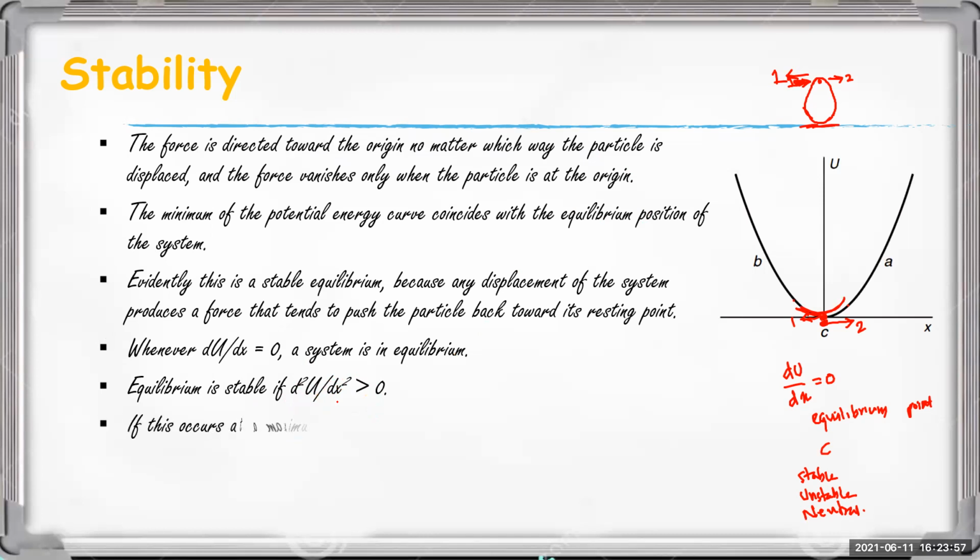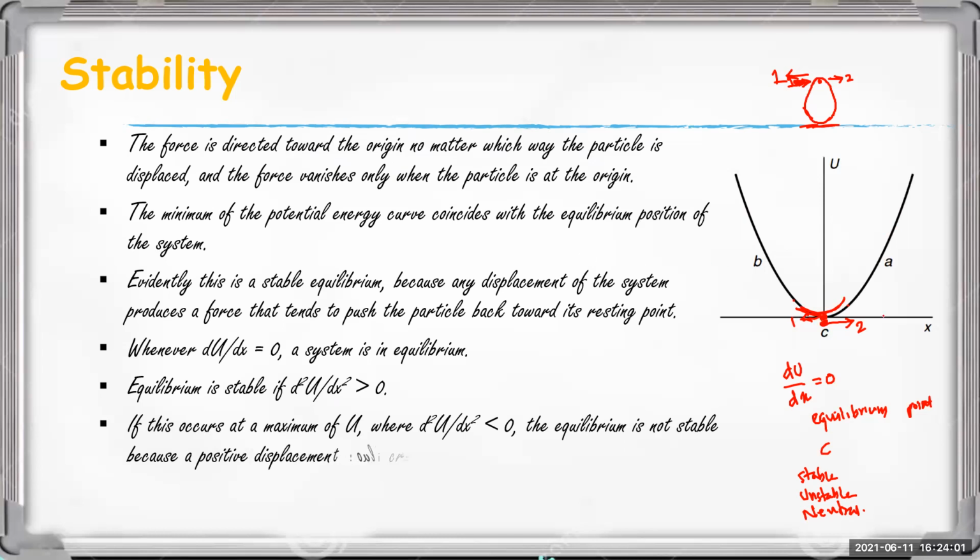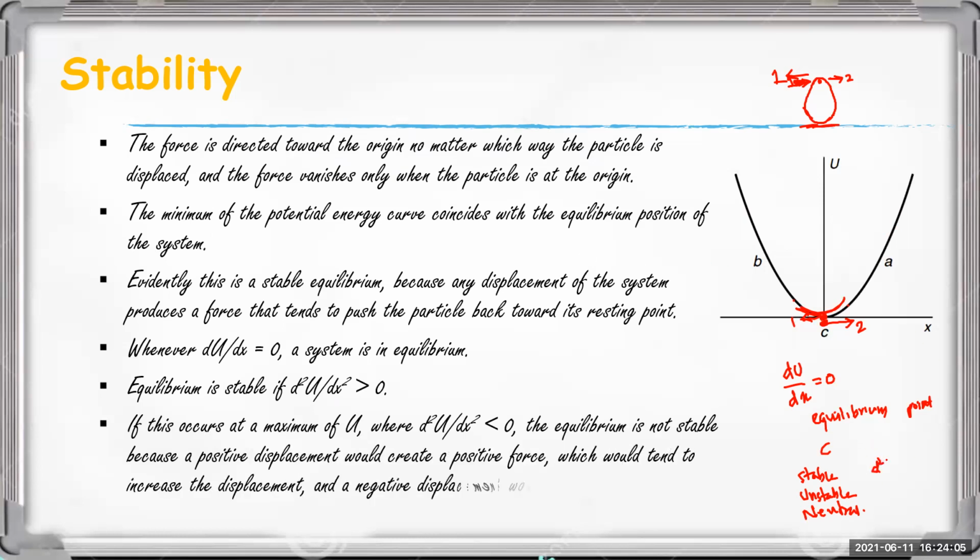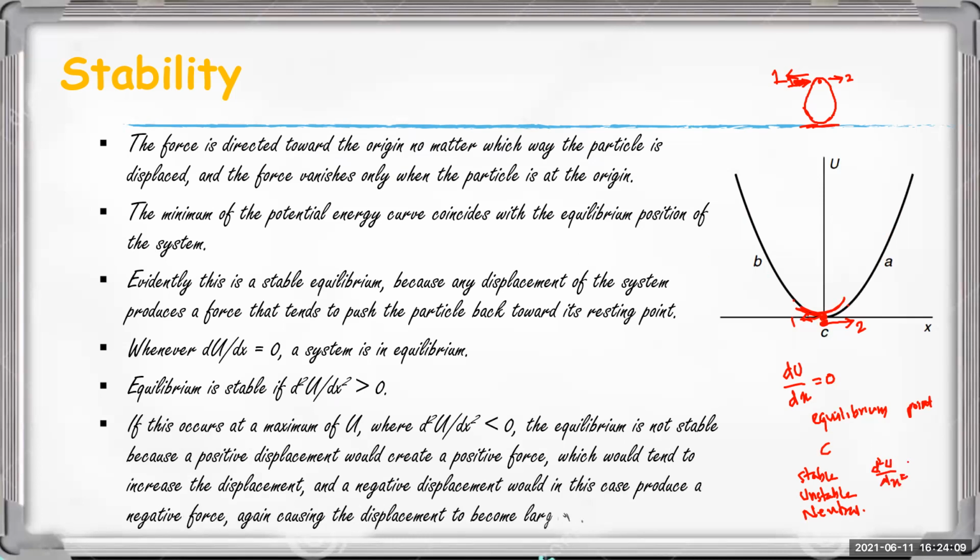I write the condition here. If d square u divided by dx square is greater than 0, it is stable. And if it is less than 0, it is unstable.